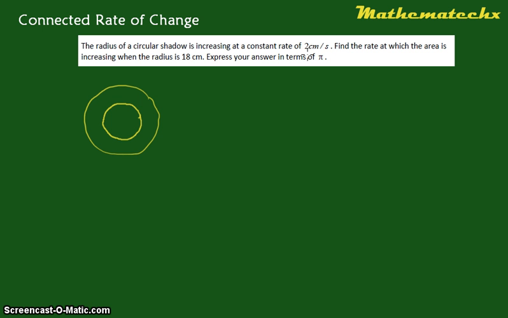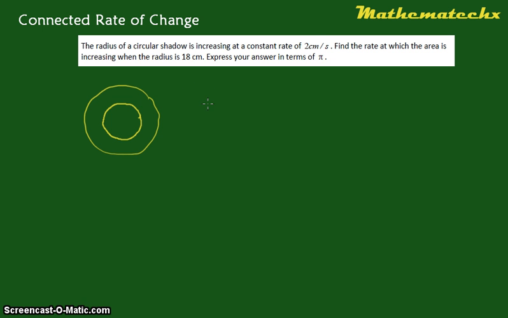Note that this rate is measured in terms of the length of the radius with respect to time, because this is 2 centimeters per second.